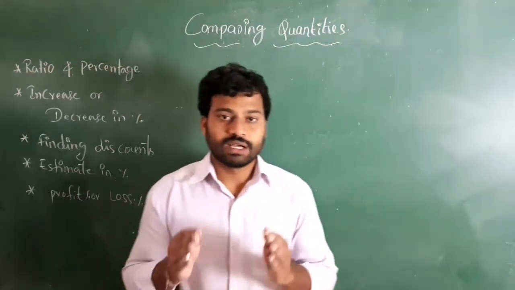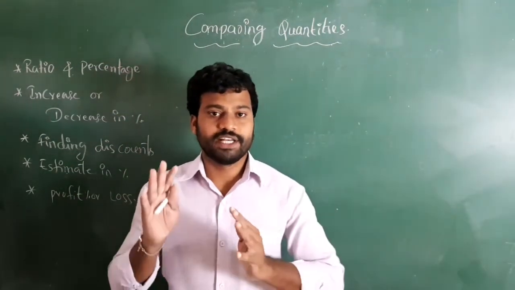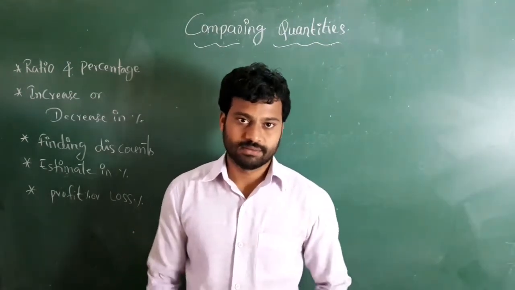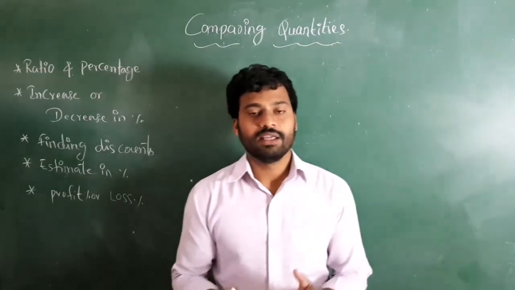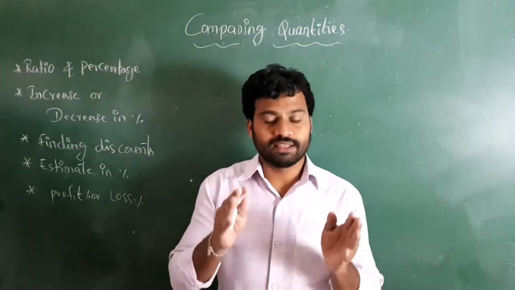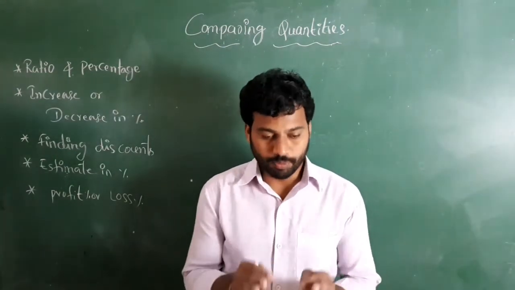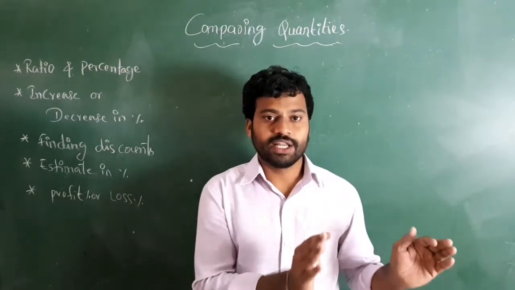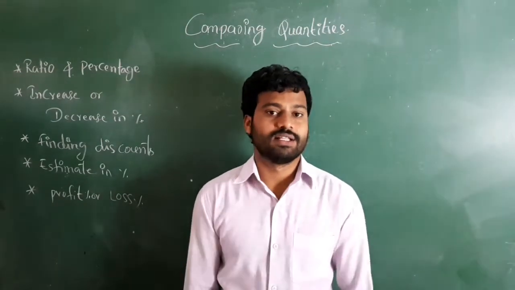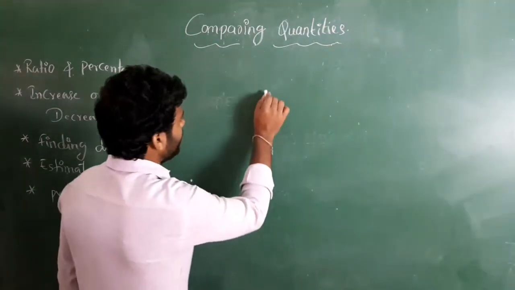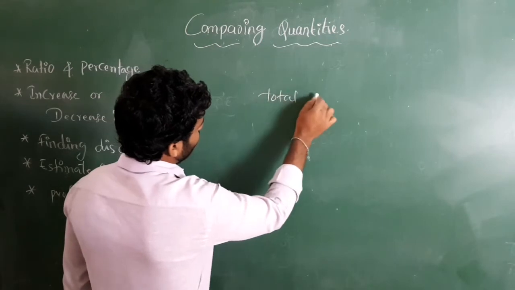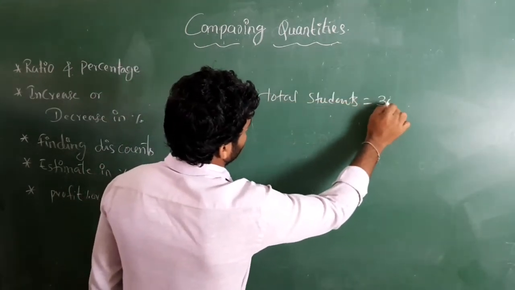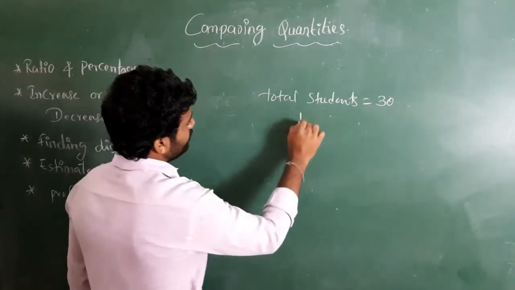So first thing is ratio. Ratio means comparison of two quantities. See, suppose in the 8th class 30 students are there. In that, 20 are boys and 10 are girls. The total strength of the class is 30.